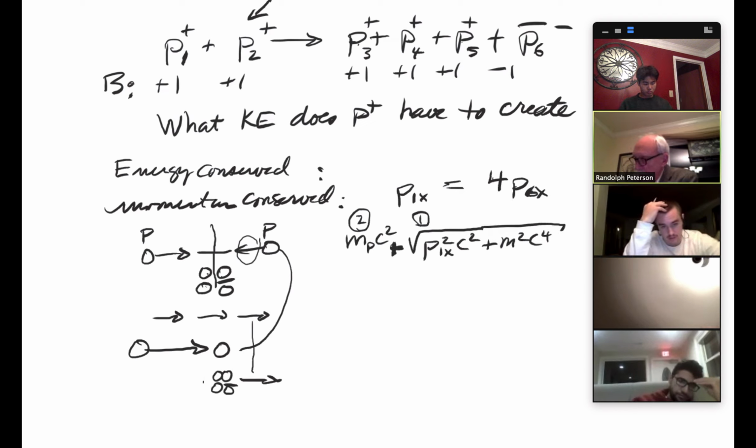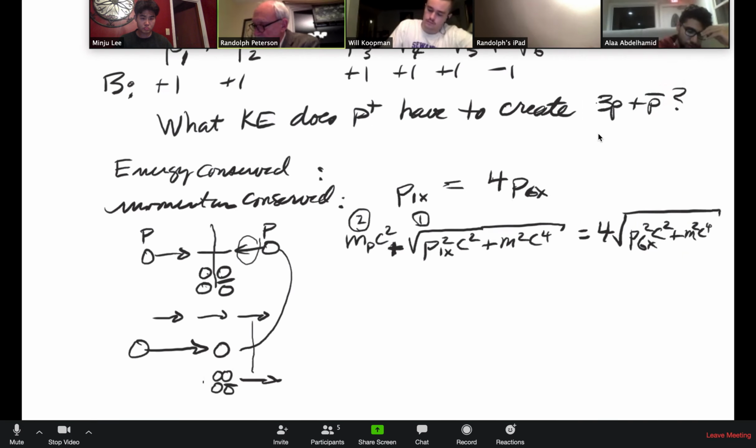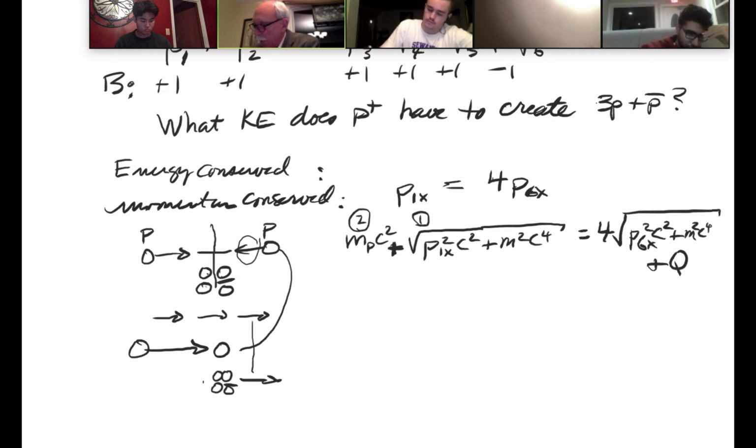So this is your mass energy before, and you want it to equal the mass energy after. It's just 4 particles, each with the same momentum, each with the same mass, and then it's plus Q, but we want Q to be 0. We want it just barely to happen.